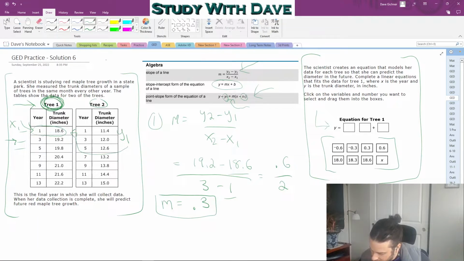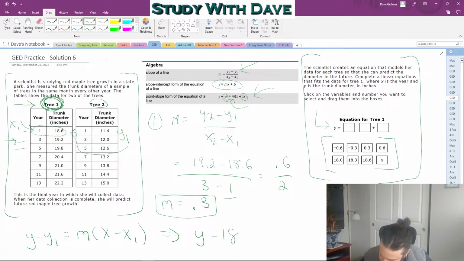Okay, so using that formula, we will say y minus y1, or y minus 18.6, equals m, which is 0.3, times x minus x1. And x1 is 1.